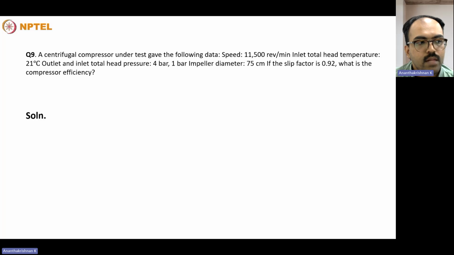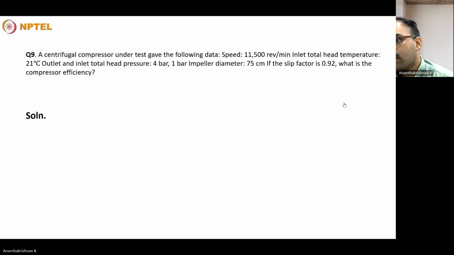Look into the final problem of this session. This is slightly different from what we have seen till now. I'll give you a minute to look into it and then I'll also try to solve it.